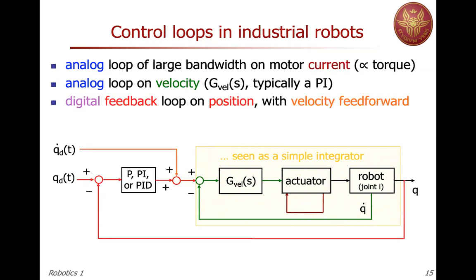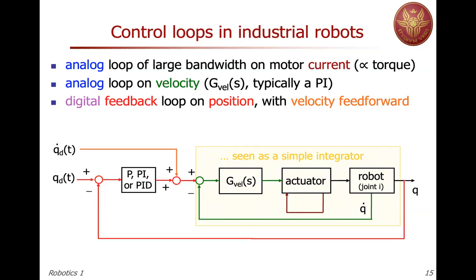Now, what is certainly digital is the outer loop, which is digital feedback on the position error. So you compare q with the desired q_d(t). This may be your trajectory, or even just a constant reference if you want to attack a regulation problem.